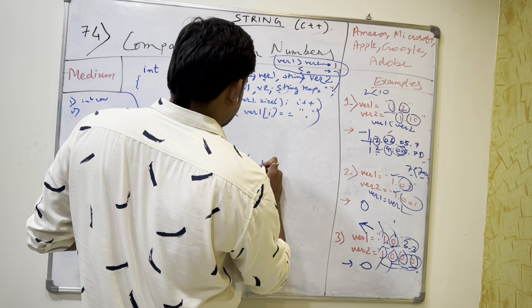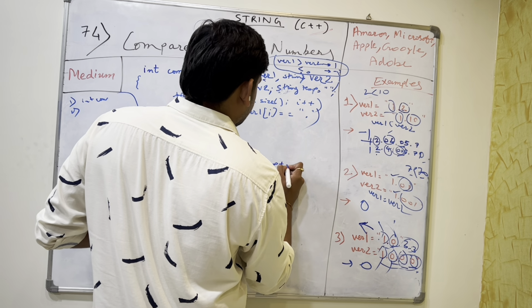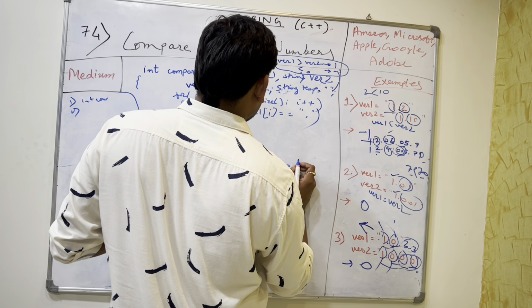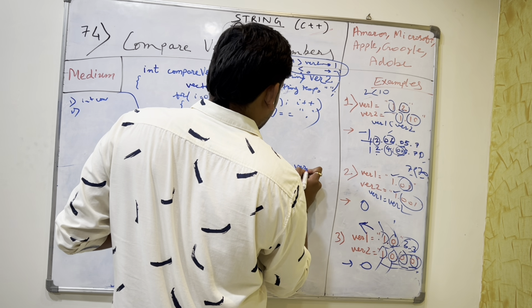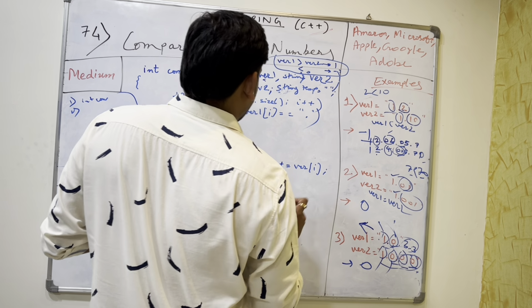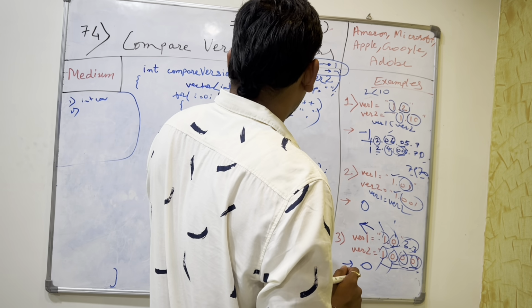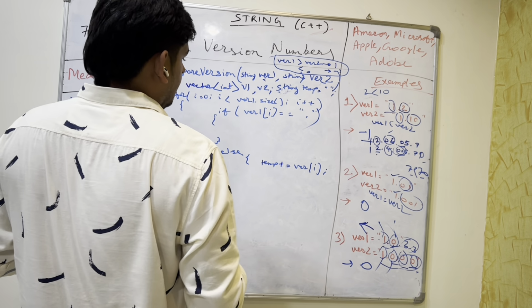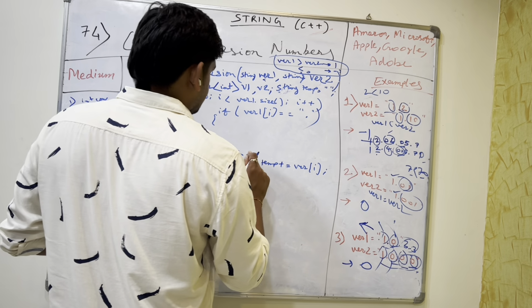So we need to append these values, temp plus equal to ver1[i], okay. So this value would be appended to this temp string, right? Yeah, else this would be there.